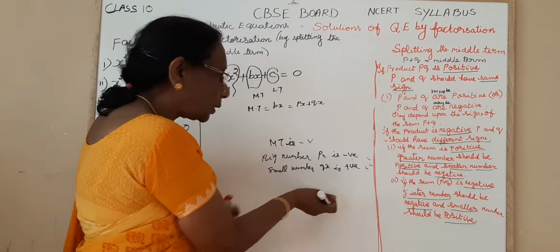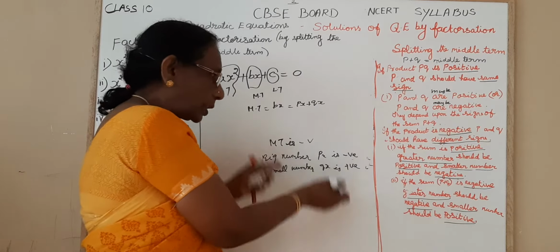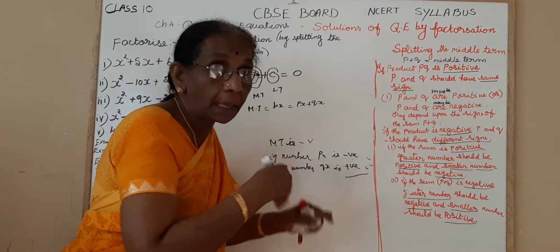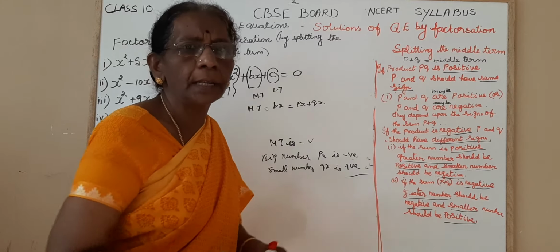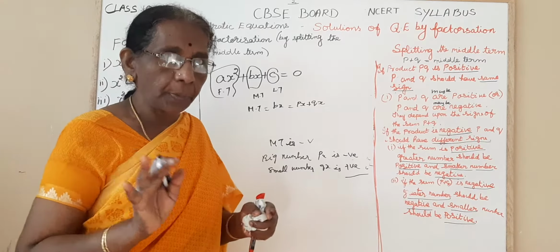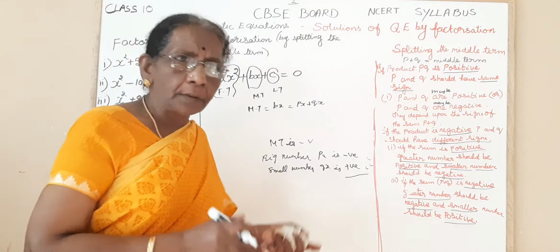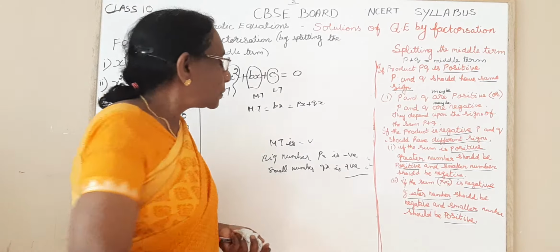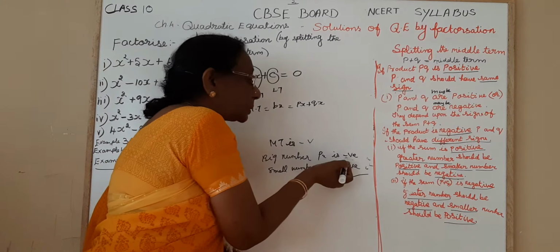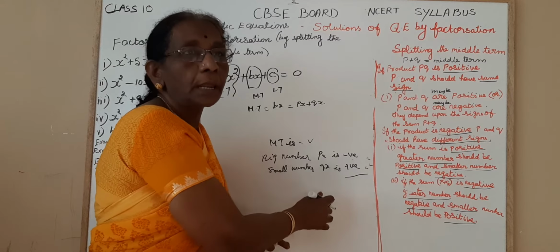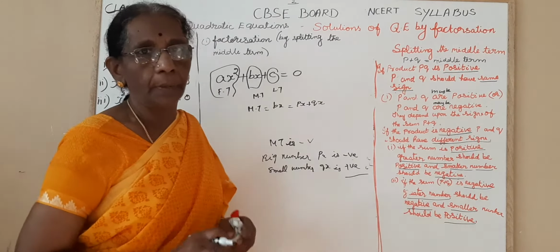So when you multiply, you will get the product as negative. When you add, why are we adding? Because the middle term is divided into two parts, not equal parts, two parts. That's all. We are splitting them. Splitting them means we are dividing it into two parts. So when you are adding, the big number is negative, so the answer will be negative. As a result, the middle term will be negative.